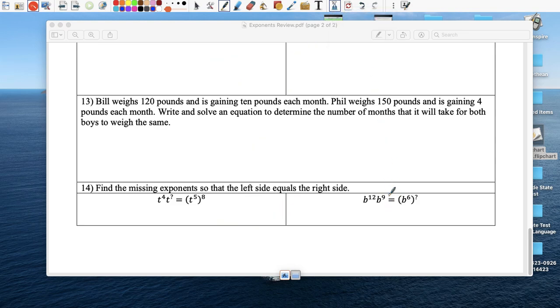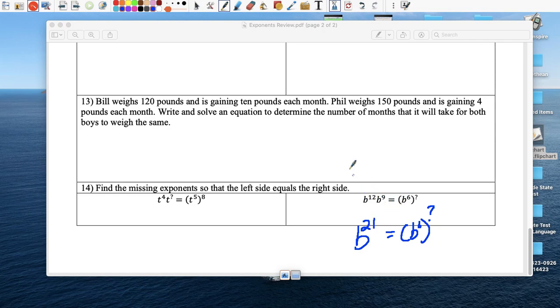On the right side, again, it says b to the 6 raised to what power would give me the same thing that I have on the other side. Well, on the other side, let's see what we have. We have b to the 12 times b to the 9. So keep the base, add the exponents. 12 plus 9 is 21.